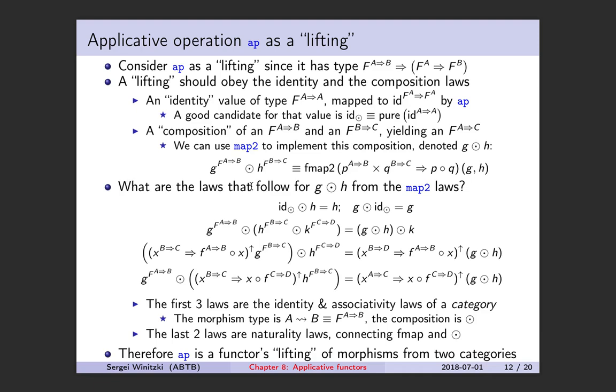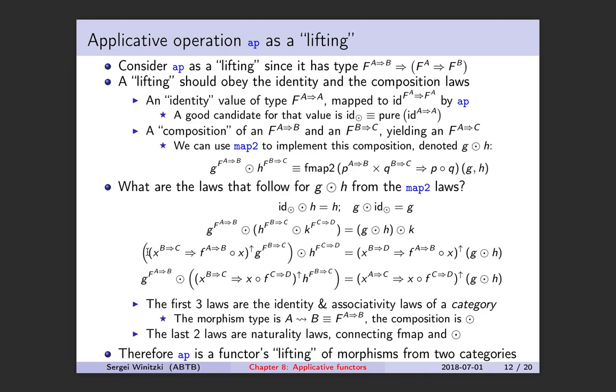Now, it seems that we have defined a reasonable candidate for identity and a reasonable candidate for composition. Let's check the laws. What are the laws? Well, it turns out they are precisely the laws of identity and composition, namely these. The composition of this identity with something does not change that something, and composition is associative.